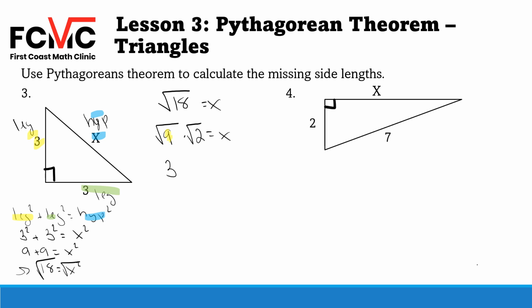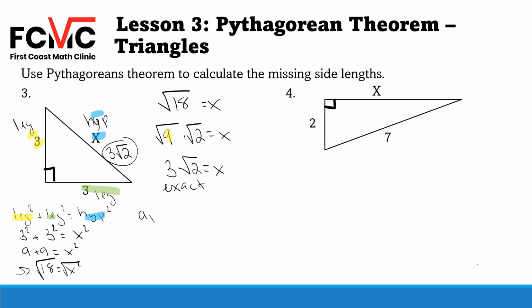If I take the square root of it, it's going to be a decimal, and I don't want a decimal answer. Factoring the 2 into 1 and 2 doesn't help me, so I'm just going to keep the square root of 2. So my answer for x is going to be 3 square roots of 2. That's going to be our exact answer.